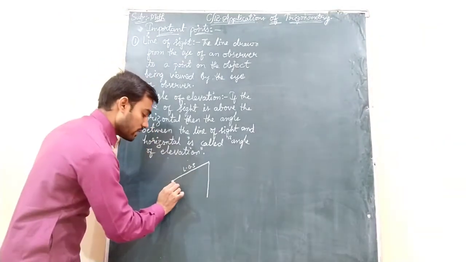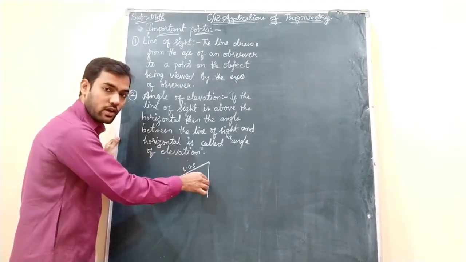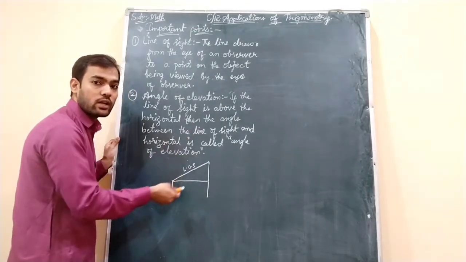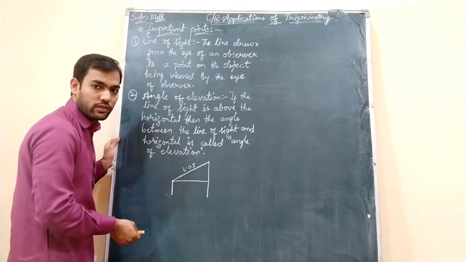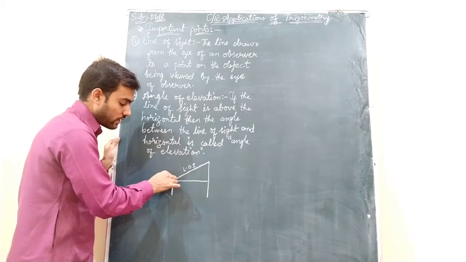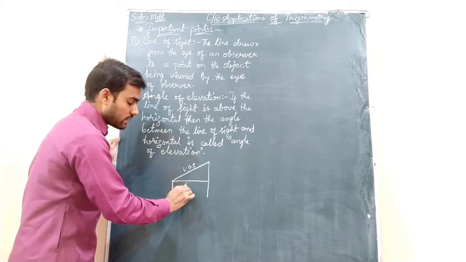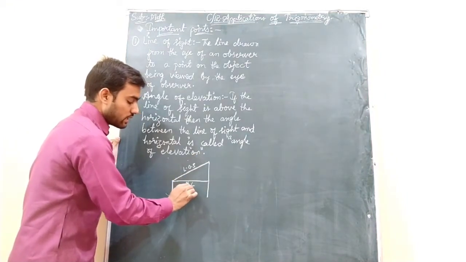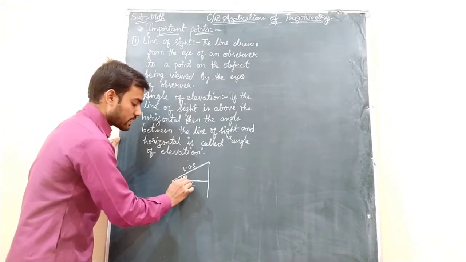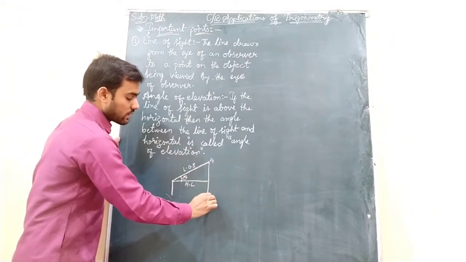First of all, we take one horizontal from our eye to the tree, and always with reference to that horizontal only we will take the angle of elevation, or angle of depression. So this is your line of sight and this is the horizontal line. The angle between them is considered as the angle of elevation. I will take it as theta. Understand everybody?